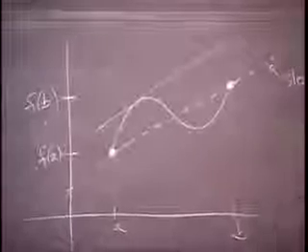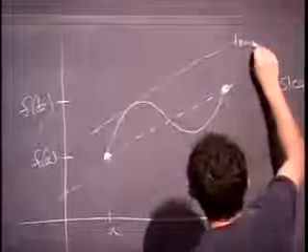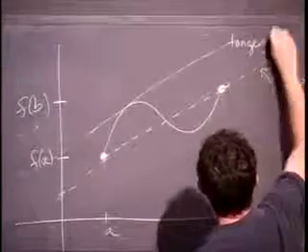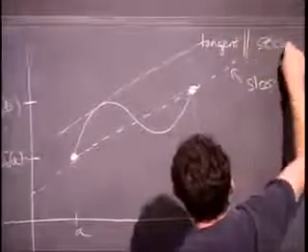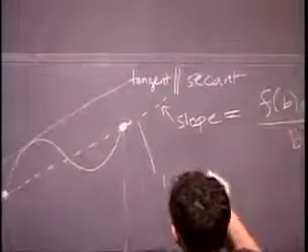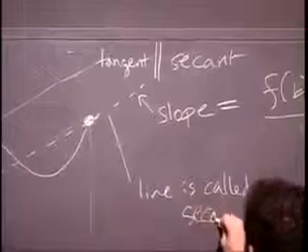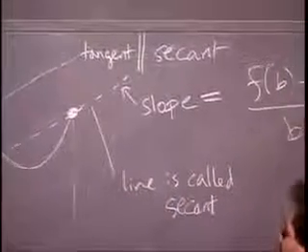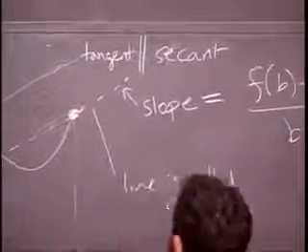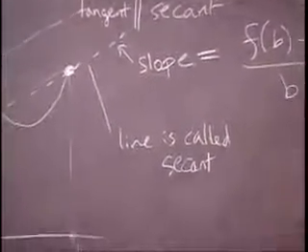There's at least one tangent parallel to the secant, being this line. It's just the line joining the endpoints. So there's at least one place.